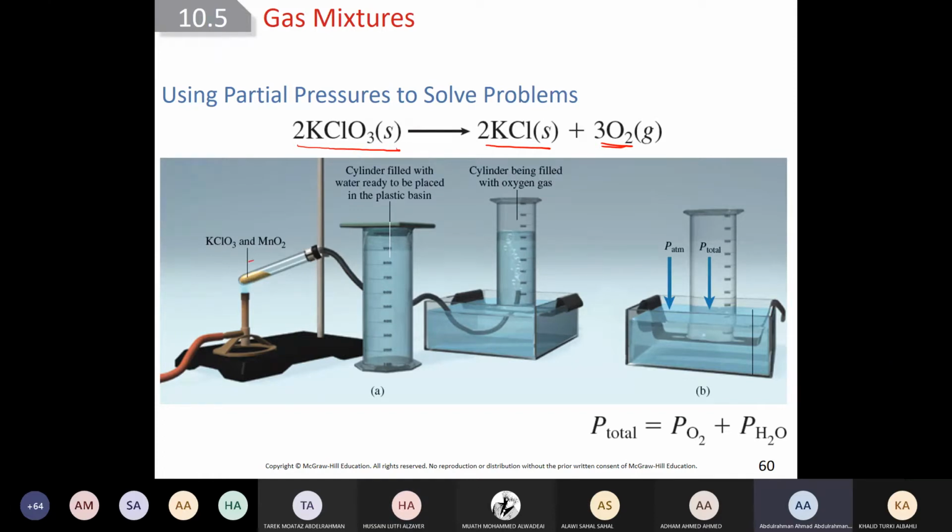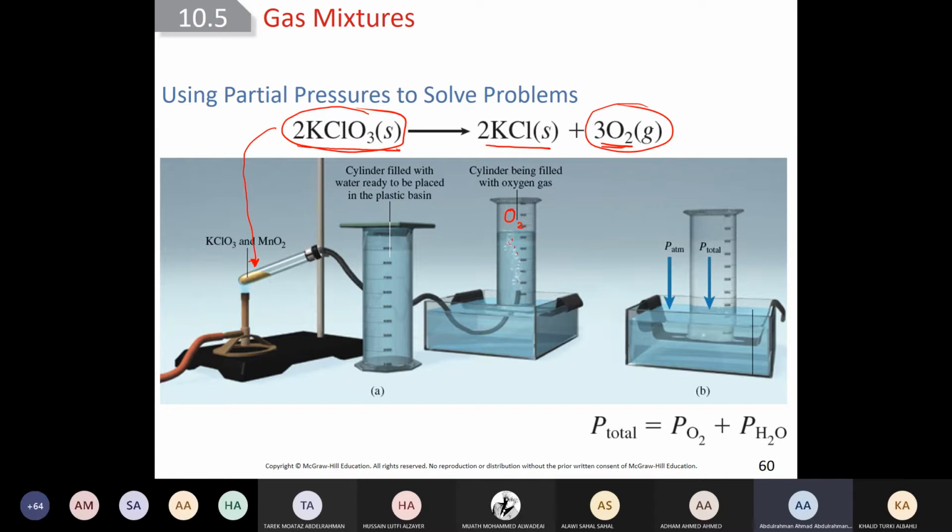If you are heating this compound, KClO3, with this flame, you will produce what? Oxygen gas. The oxygen gas will come through this pipe and come out like this. So these dots are actually oxygen gas coming out.